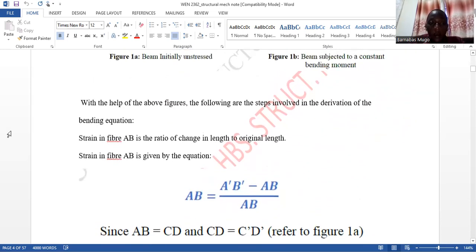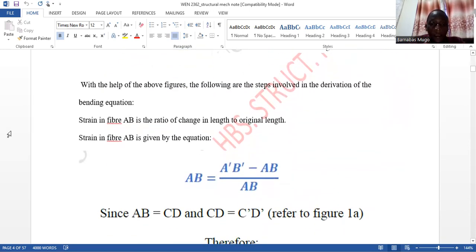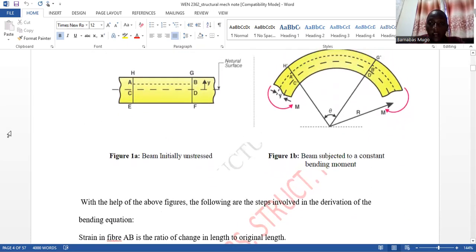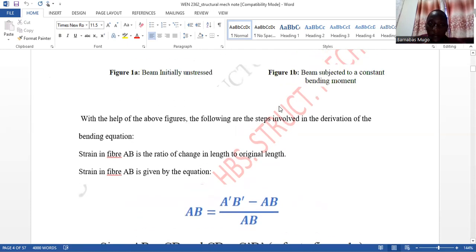so that you can take the fiber AB and you get the strain. We say that the strain is the change in length over the original length. A prime B prime minus AB over AB is going to give us the strain of that material.